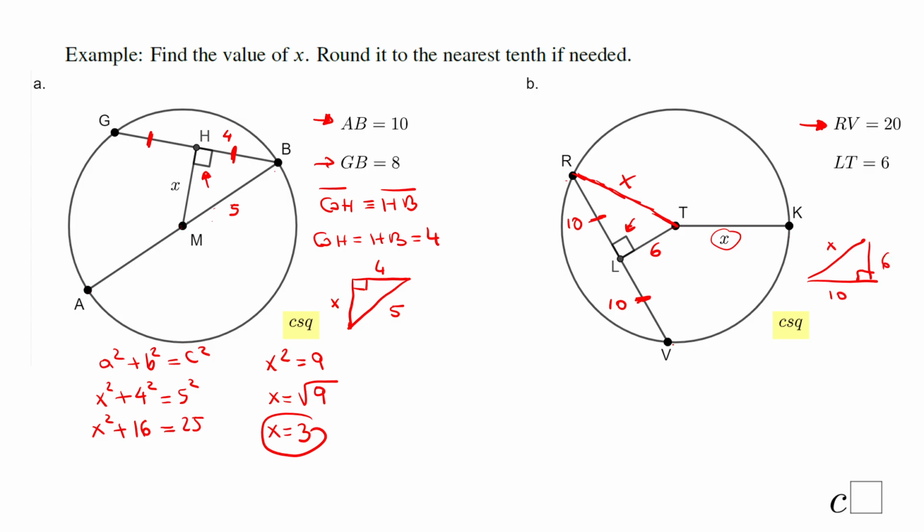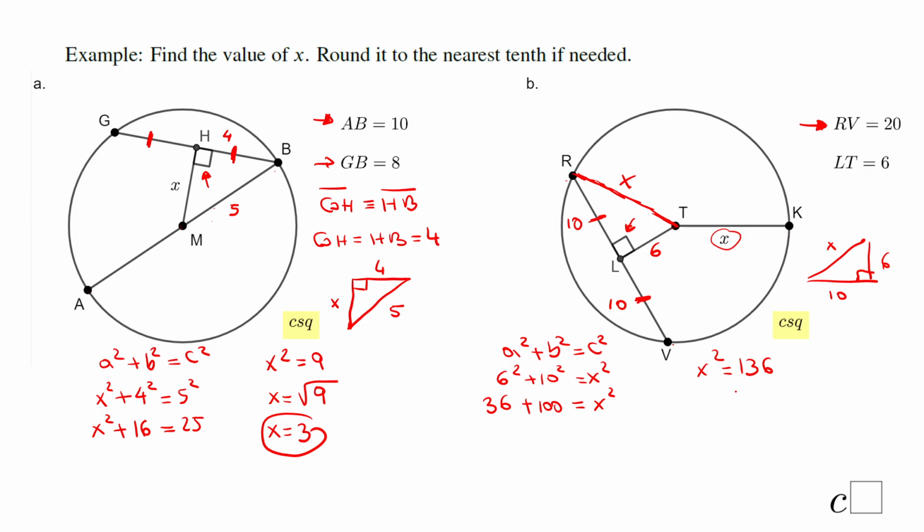So again the same theorem, the Pythagorean theorem, a squared plus b squared equals c squared, but now we know the legs, the a and the b, so we have 6 squared plus 10 squared equals c squared, or x squared in this case. So we have 36 plus 100 equals x squared, or x squared equals 136.